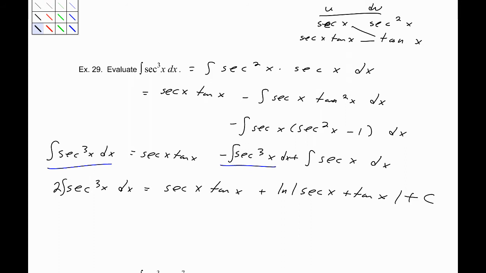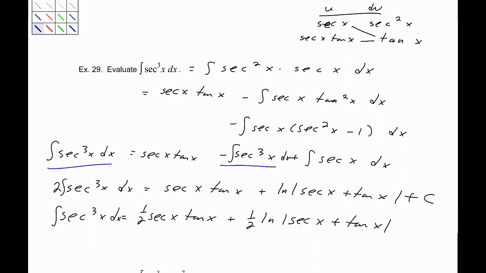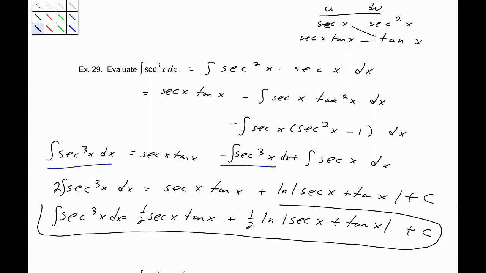So this leaves us with the integral of secant cubed x dx is 1/2 secant x tangent x, dividing by 2 on both sides, plus 1/2 natural log of the absolute value of secant x plus tangent x plus c. And from this point forward, we're going to take this to be a rule. If this shows up in any other problems, we are going to say we happen to know what that is, and we're just going to use that.